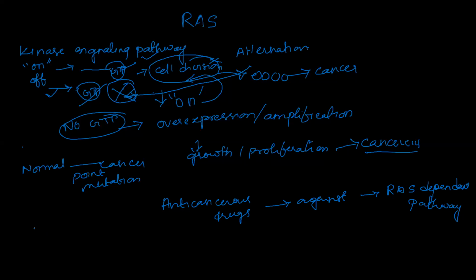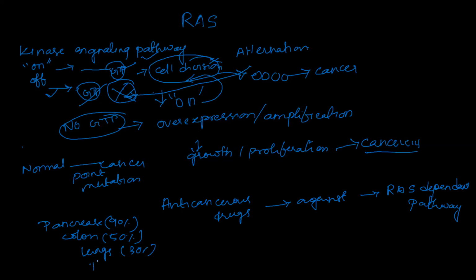And if you see, there are many cancers where you can see a highly elevated level of these genes, like pancreas cancer, where it is 90%. You have colon, where it shows about 50%. Lung cancer, around 30%.